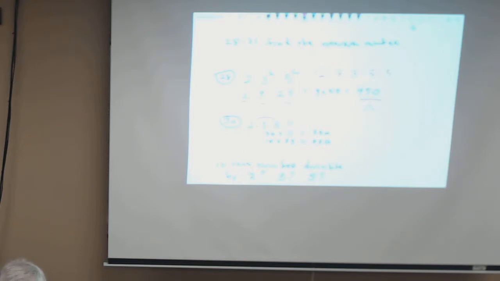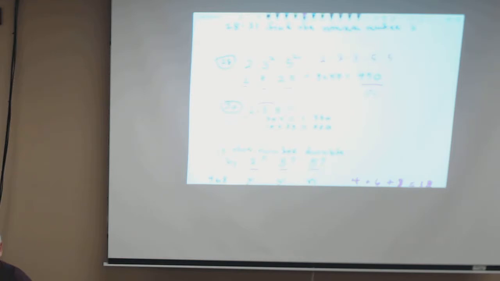In problems 32 and 33, determine whether each number is divisible. Is this number divisible by 2, by 3, or by 5? Do any of you remember learning how to check if a number is divisible by 2? Well, if you don't remember, the rules for divisibility are on page 233, and you ought to write them down and keep them in your notes.